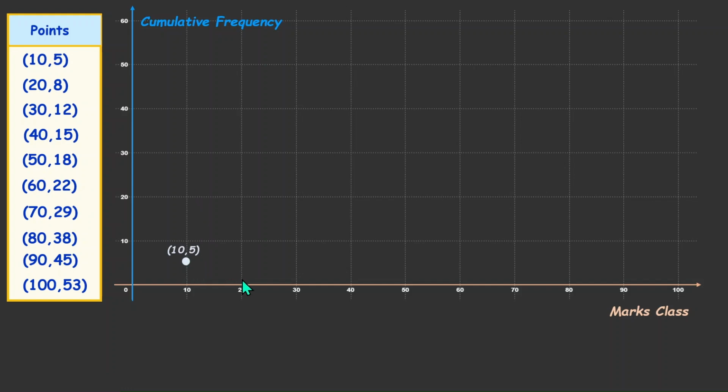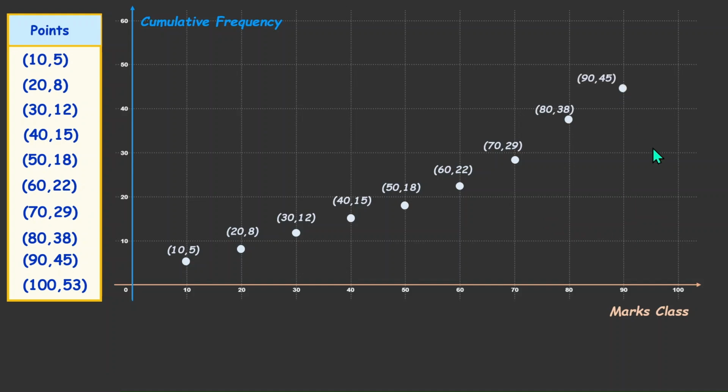A 20, 8 would be 20 and 8 here. A 30, 12 would be here. 40, 15 would be here. 50, 18. And now let's plot all these points. So we have 60, 22, 70, 29, 80, 38, 90, 45, and 100, 53 right here.